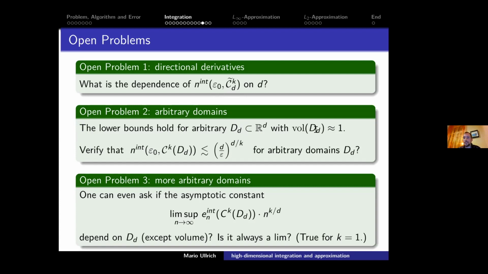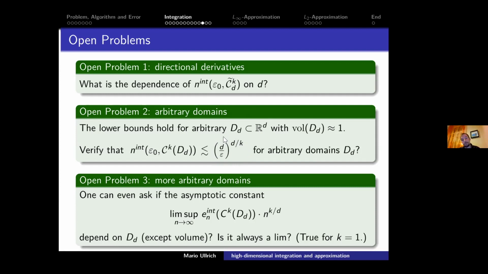The only thing you need is that the volume clearly is about 1. The question is: is it true that the same upper bound holds for arbitrary domains? Because the proof of the upper bound, this is the result of Haber, really uses that you have a product rule, which means also your set must be a product set, so essentially a cube. That's still an open problem.